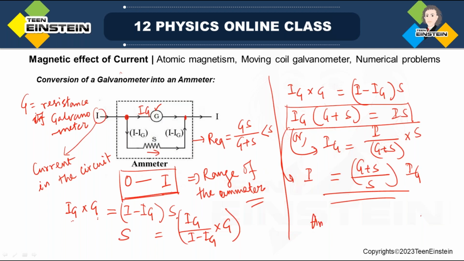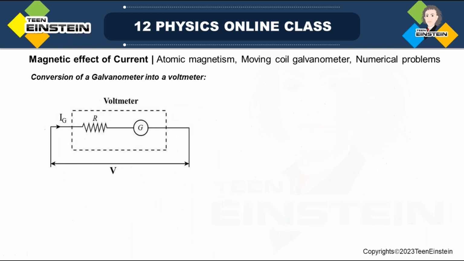There will be some problems where parameters are given for an ammeter and some minimal parameters are given for a galvanometer. So sometimes they directly may ask, parameters of the ammeter will be given, and you have to find out parameters of the voltmeter. Sometimes this is also asked. So we'll see how to convert a galvanometer into a voltmeter.